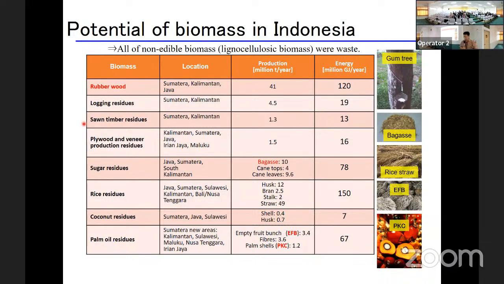Like logging residue, this is wood, and tapioca residue. Also sugar residues from sugarcane, rice, coconuts, palm oil. There are many types of biomass in Indonesia.